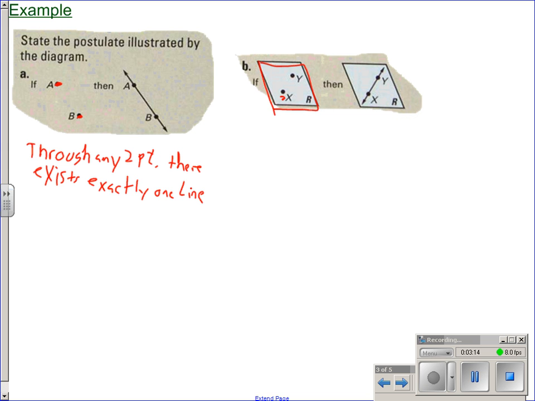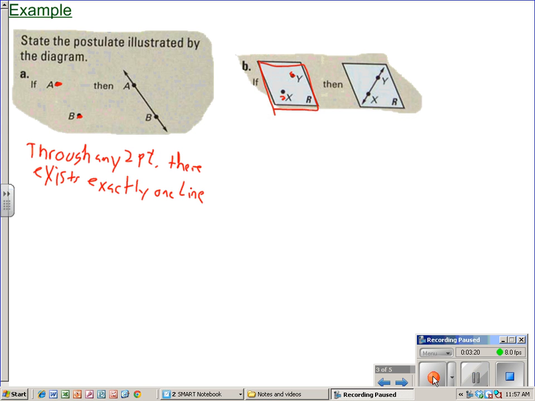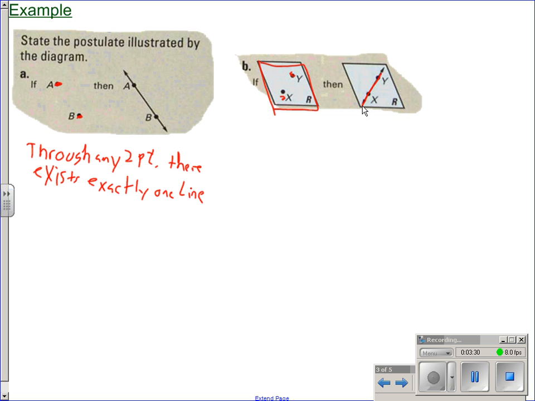We have 2 points on that plane. That's our condition. That's our given stuff. So we got a plane. We got 2 points on the plane. That's our hypothesis. Then we're adding a line also on the plane. So if we go back to the list of our postulates, why can we throw that line on the plane?